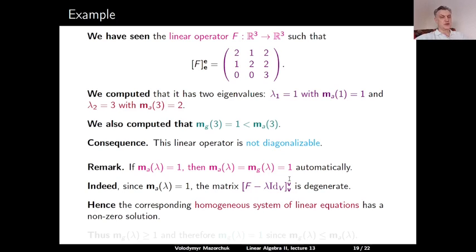But then the corresponding homogeneous system of linear equations has at least one non-zero solution. In particular, the geometric multiplicity should be greater than or equal to 1. But since the geometric multiplicity is less than or equal to the algebraic multiplicity, then the geometric multiplicity is 1. So the problematic eigenvalues for diagonalization are eigenvalues for which algebraic multiplicity is strictly greater than 1.